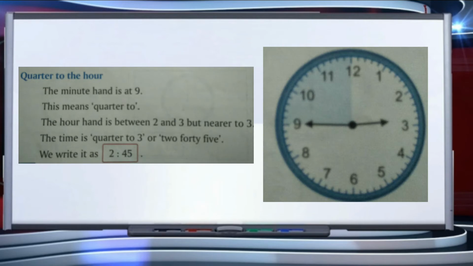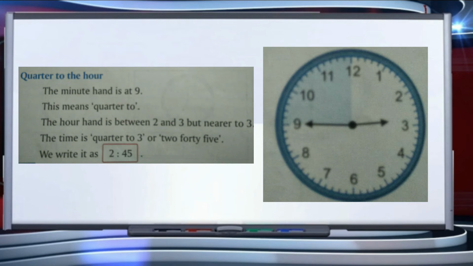Means the time is quarter to. That time has to come. Now the minute hand is at 9. This means quarter to. When minute hand is on 9, that means quarter to. The hour hand is between 2 and 3, but nearer to 3.